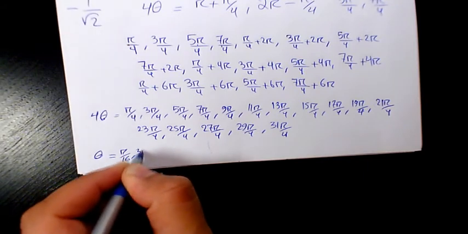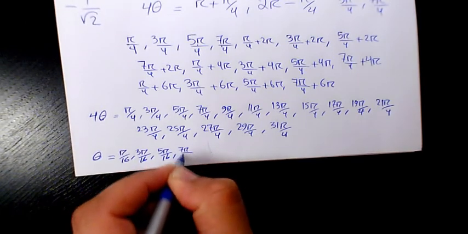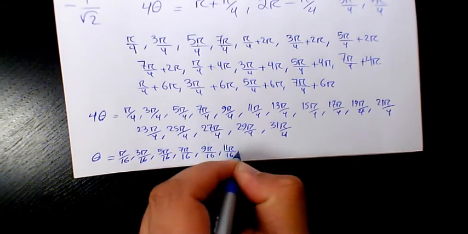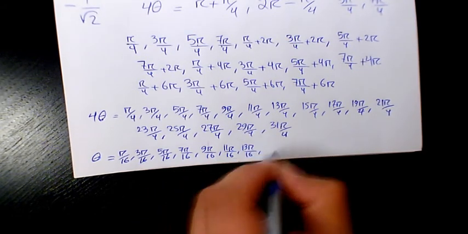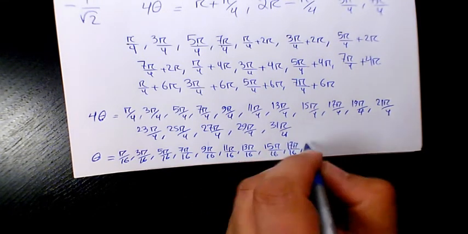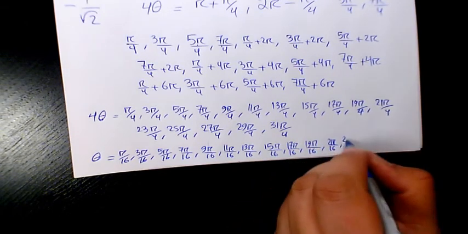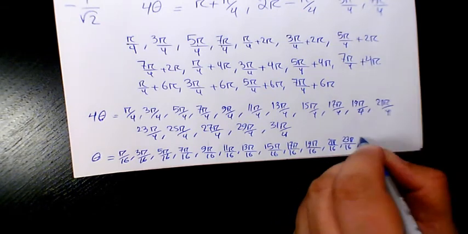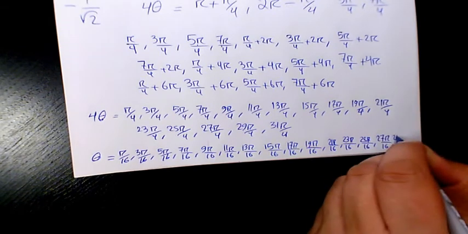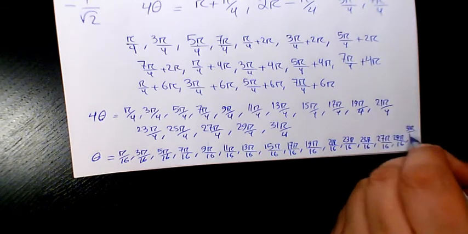Then you need to divide by 4, so theta is going to be pi over 16, 3 pi over 16, 5 pi over 16, 7 pi over 16, 9 pi over 16, 11 pi over 16, 13 pi over 16, 15 pi over 16, 17 pi over 16, 19 pi over 16, 21 pi over 16, 23 pi over 16, 25 pi over 16, 27 pi over 16, 29 pi over 16, and 31 pi over 16.